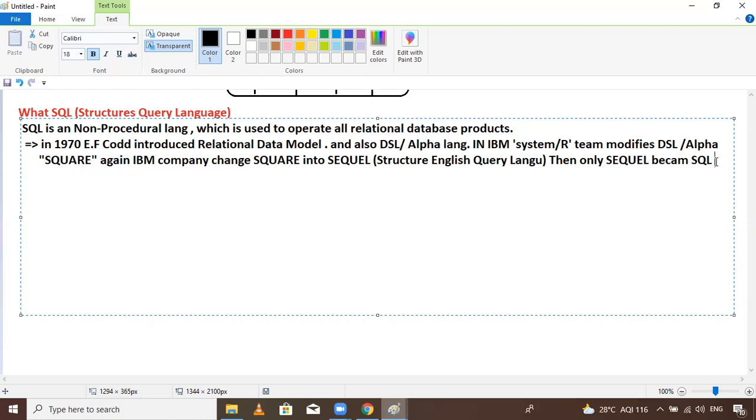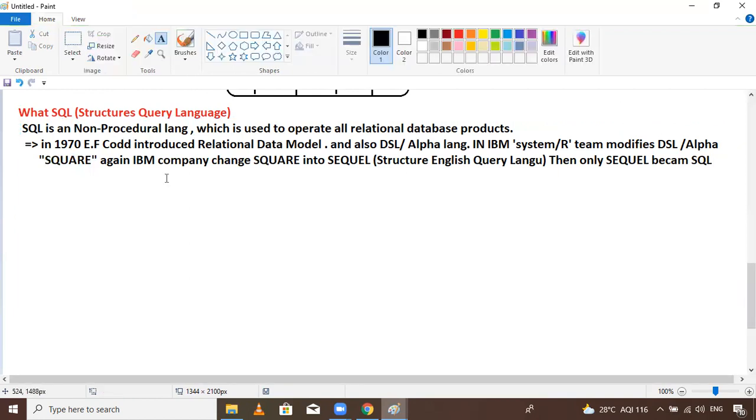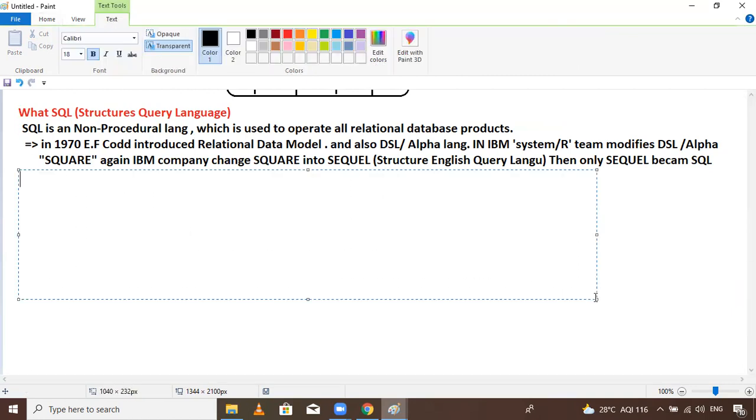So now this is important, guys. This is the total SQL. So now write it. What are the sub languages? SQL sub languages are there, like DDL, DML, DQL, DCL, TCL, DRL. All these things are there.